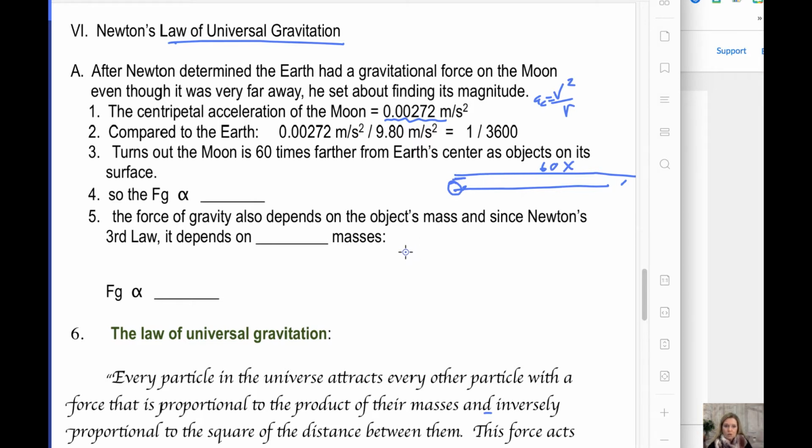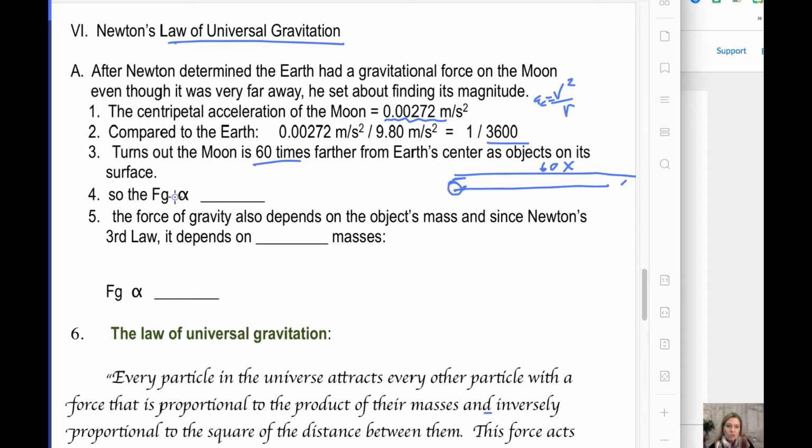And he goes, oh, I know how to get from 60 to 3,600, and hopefully you know how to get it without a calculator: it's the square. If I square 60, I get 3,600. So maybe it's proportional as a square function. And not only a square function, you see it's 1 over 3,600. So it's 1 over the square.